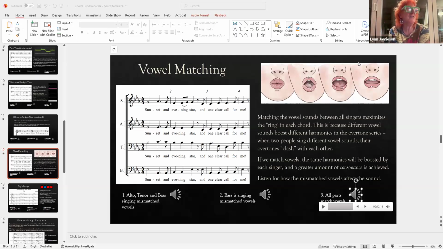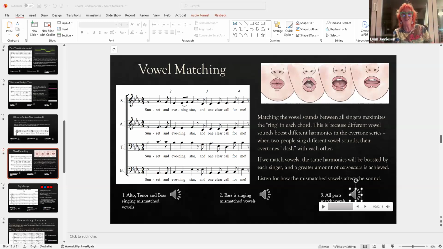Because even if I work mostly with kids, and we spend a long, long time on this. And even if there's just one person in that section who's singing something different, it'll change the whole dynamic of what you're trying to create, won't it?